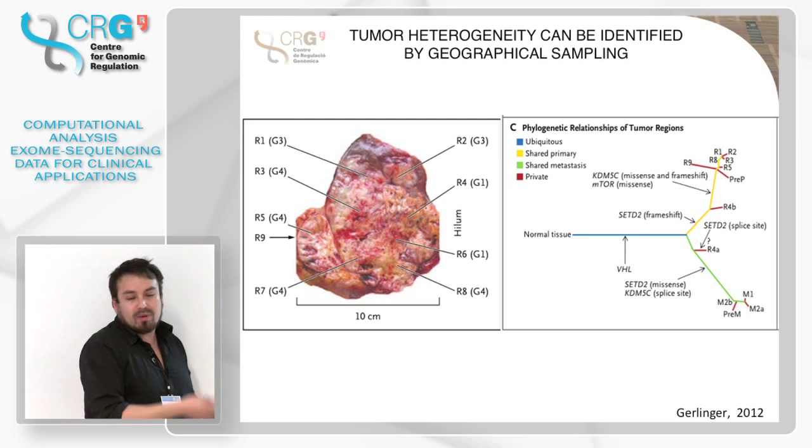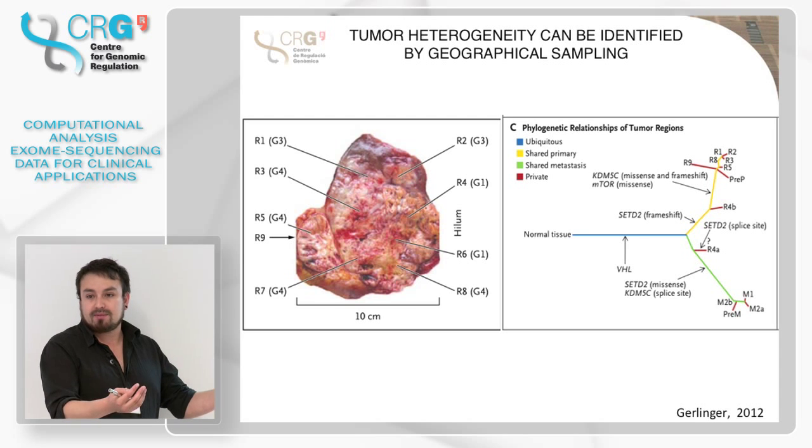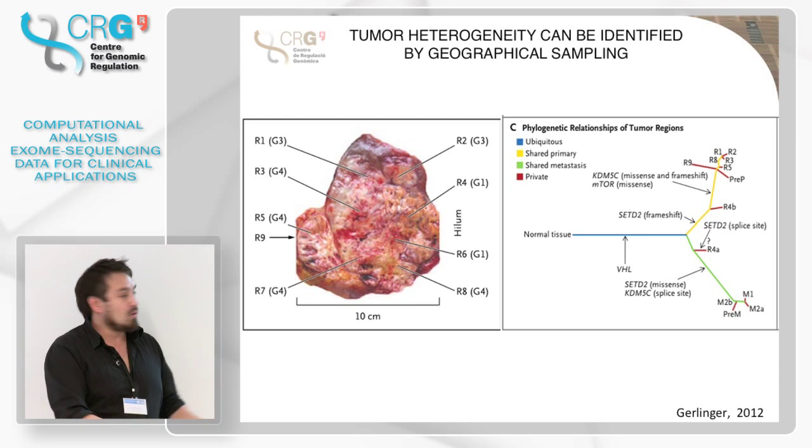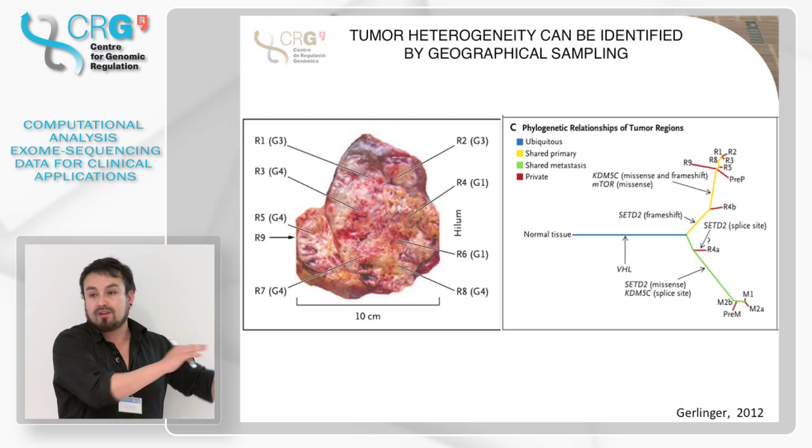So if you expect that the tumor is homogeneous, so it all has the same cells and the same mutations, you would expect that they all share the same mutations and don't have any differences between them.